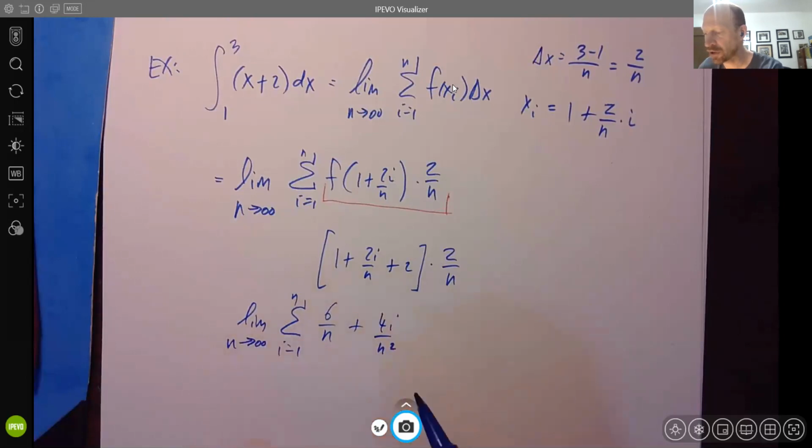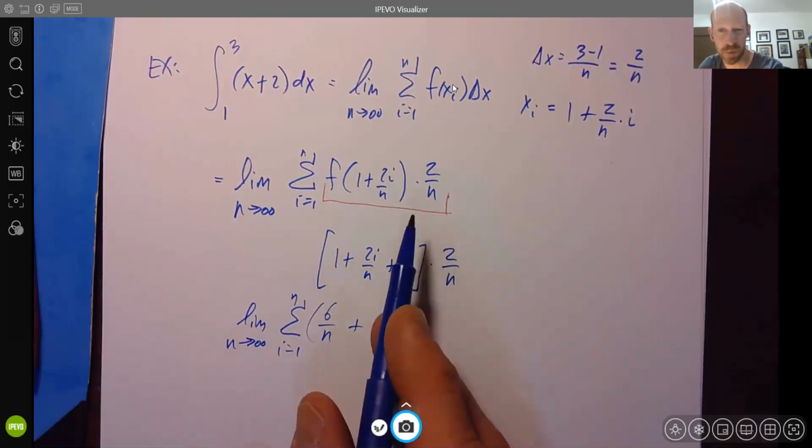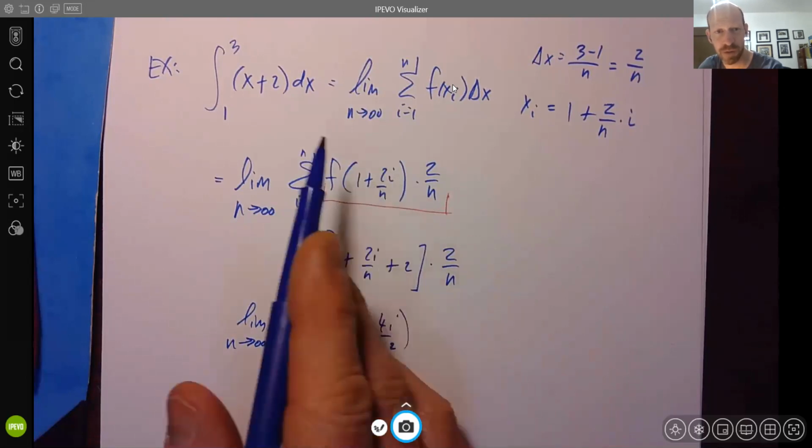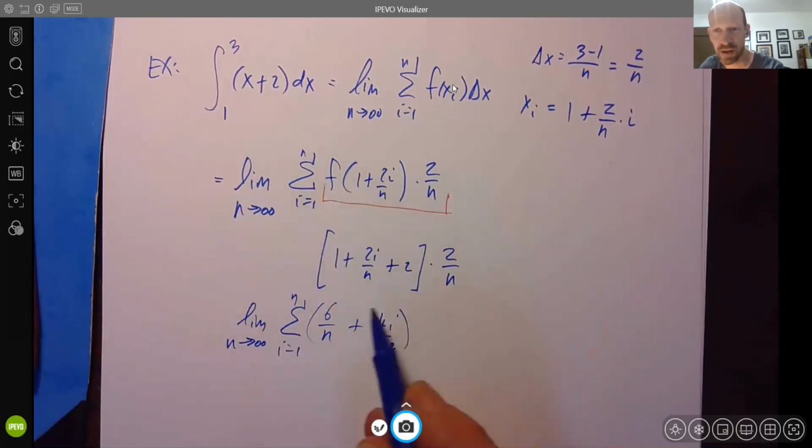There's no calculus really being done there. This is just a little algebra. I'm plugging this into whatever my function is, and I'm multiplying and adding like terms together until I get to this kind of expression. Okay.